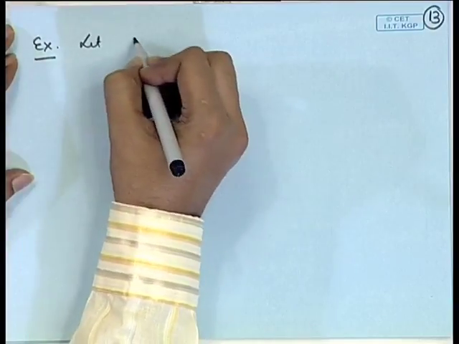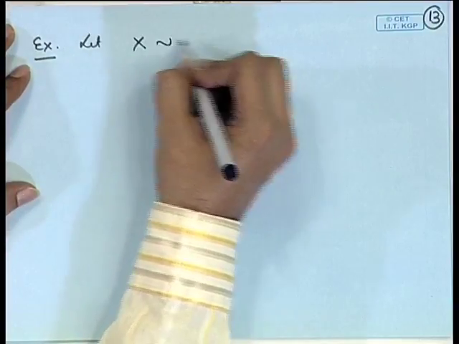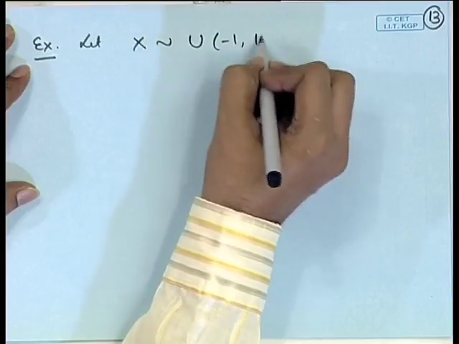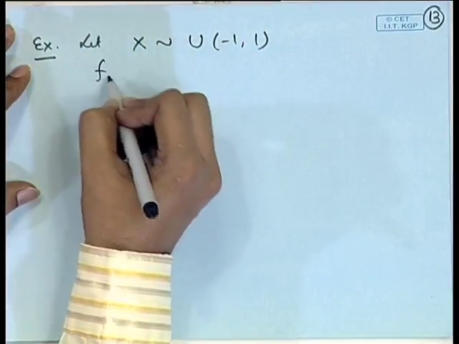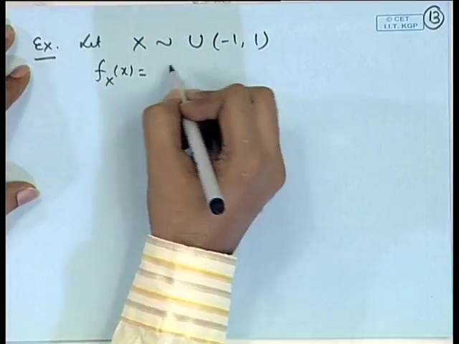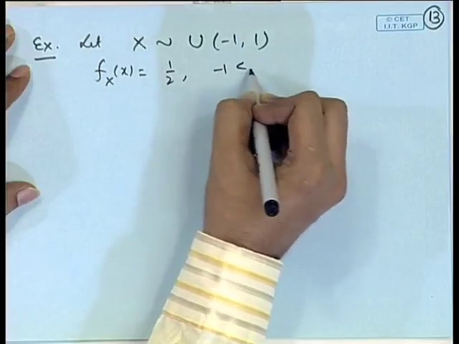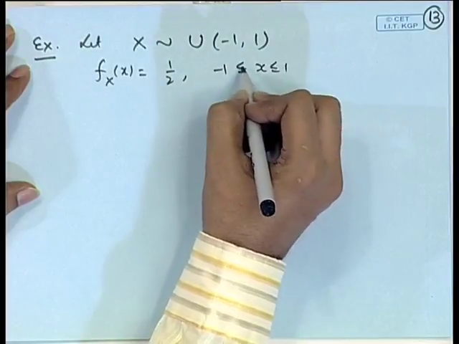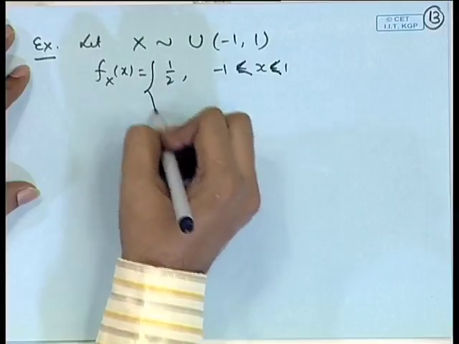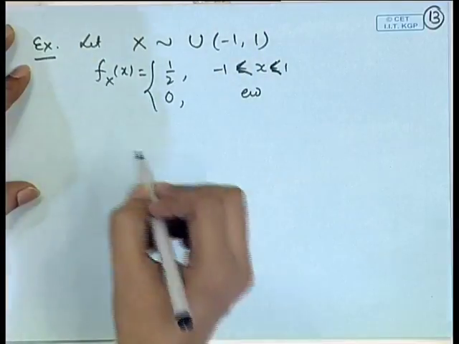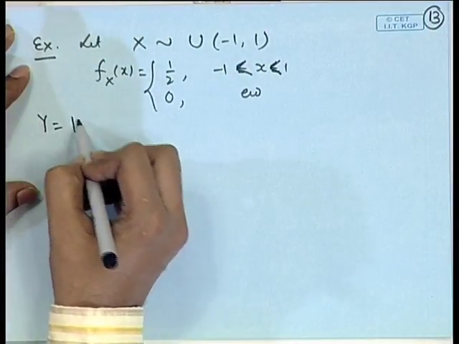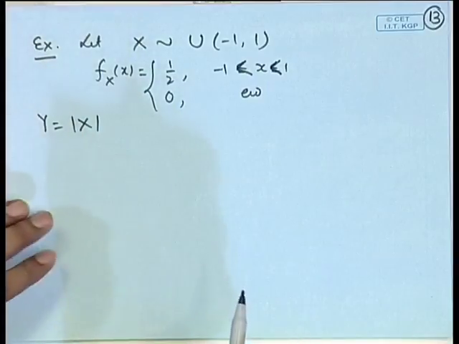Let x follow a uniform distribution on -1 to 1. So, the density function is half for -1 less than or equal to x less than or equal to 1, otherwise it is 0. Consider the function say y is equal to modulus x.